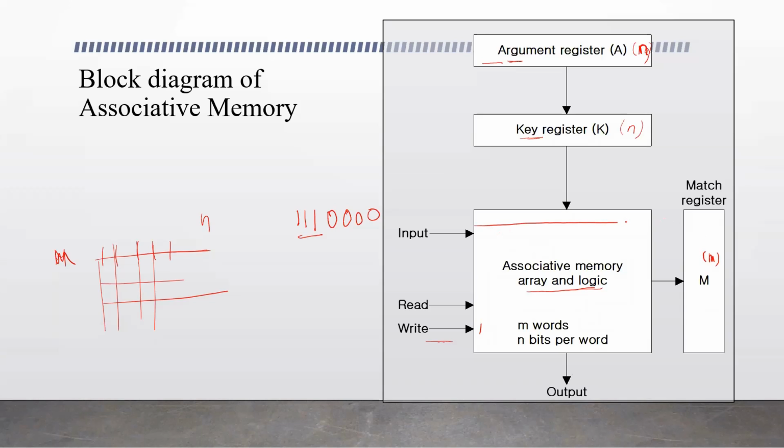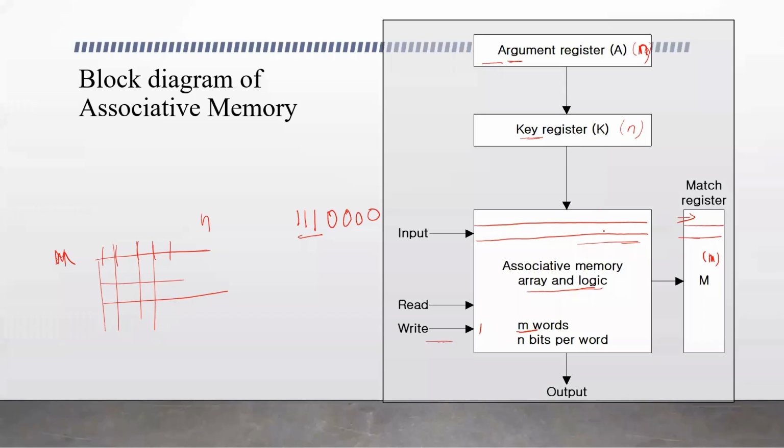Here we have the first word in associative memory, so we have the corresponding match bit in the match register. And for the second word, we have a corresponding match bit. This way, how many words do we have in the associative memory? We have m words. So in this match register, we have m bits, one bit for each word in memory.